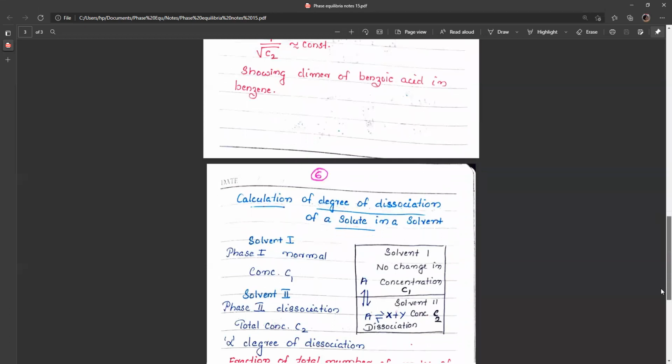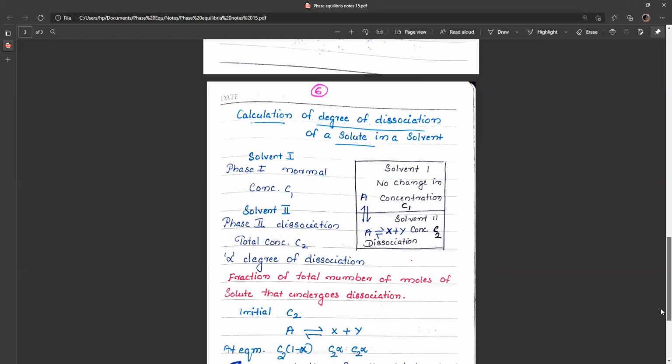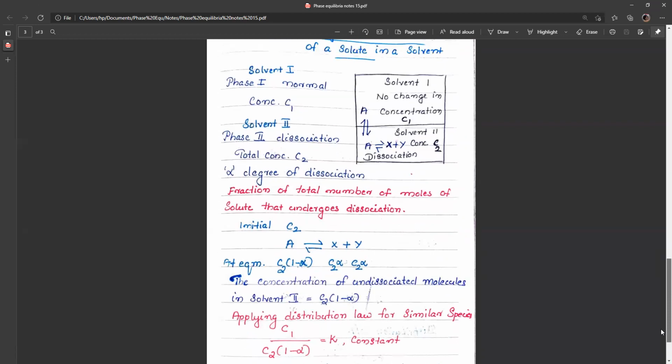Next is the calculation of the degree of dissociation of a solute in a solvent. The solute undergoes dissociation in one of the solvents. In solvent 1, the normal concentration of A is C1, and in solvent 2 the total concentration of A is C2, where alpha is the degree of dissociation, the fraction of the total number of moles of solute that undergoes dissociation.